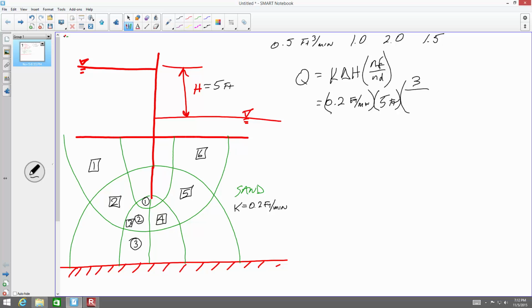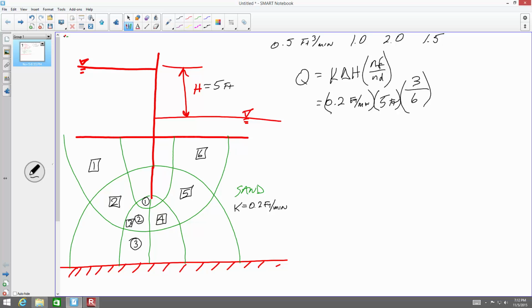How many equal potential lines do I have? 7. The difference between flow channels and flow lines is 1. The difference between equal potential drops and equal potential lines is 1. So I put 6 in the bottom here.